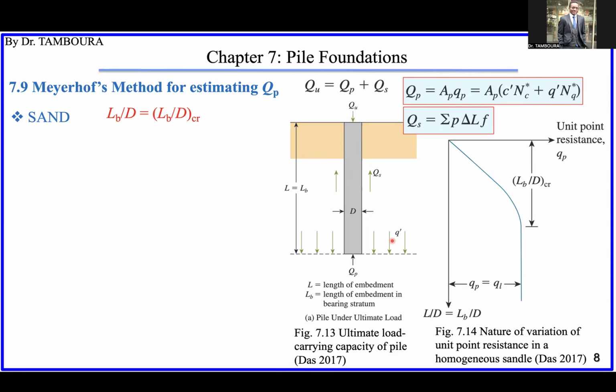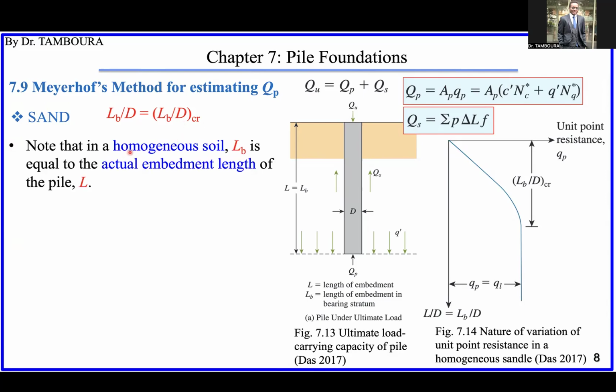But before reaching this critical embedment ratio, the end bearing capacity increases with increasing depth. In uniform ground, if the ground is uniform soil, then this L is equal to LB.